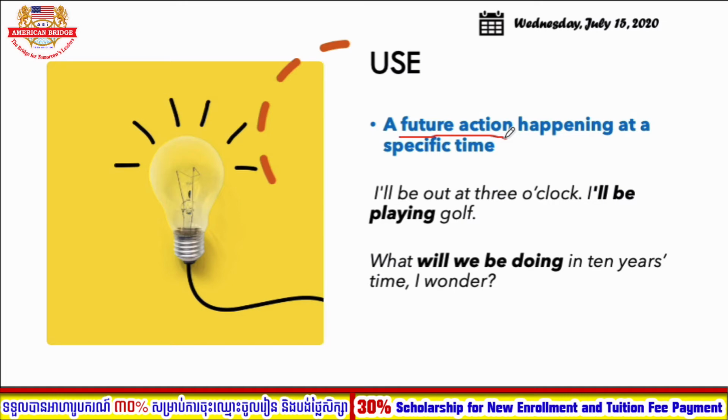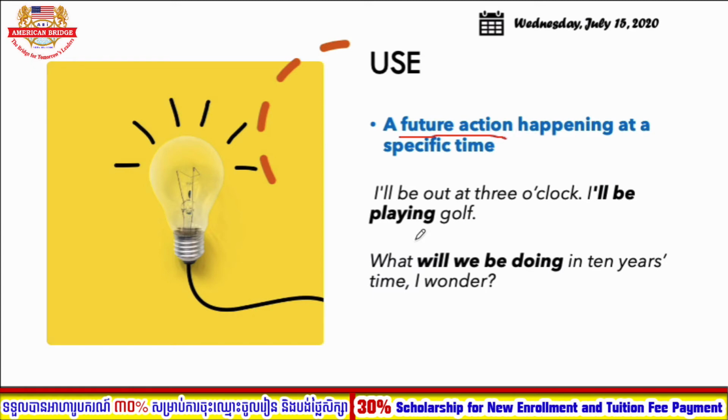So with future simple, we talk about our predictions about the future. But for future continuous, we are sure about those actions, and it is clear that at a specific time in the future, those actions are happening.